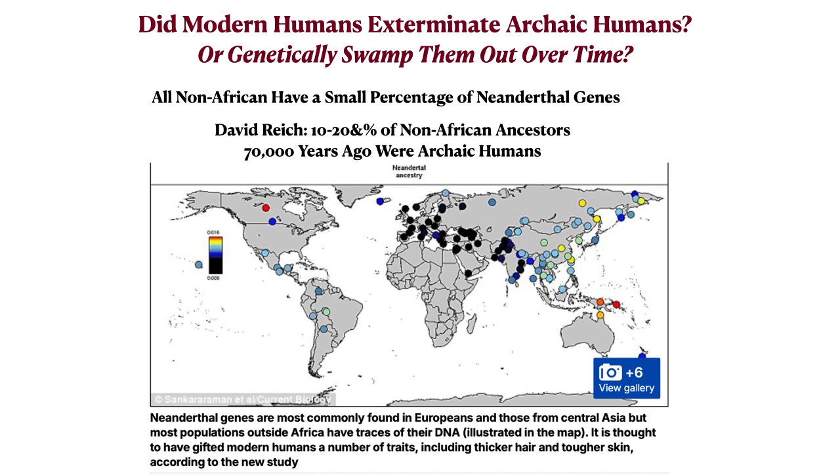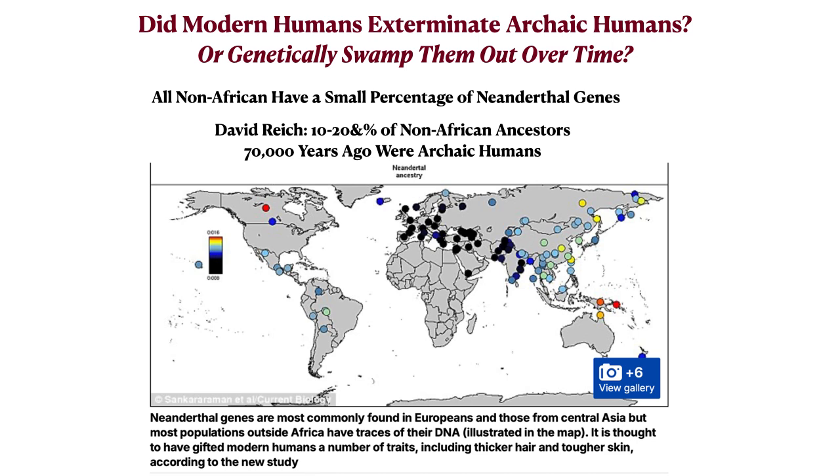This could have to do with things like the immune system. People on the Tibetan Plateau definitely have Denisovan ancestry, and it's thought those genes may have been helpful in adapting to the very harsh conditions up at 10, 12,000 feet elevation with much lower oxygen.